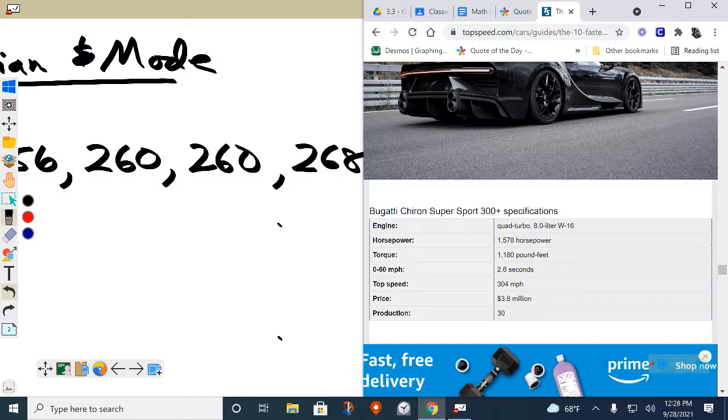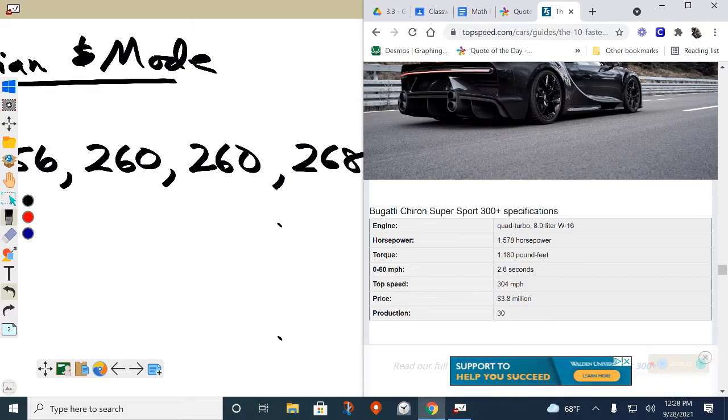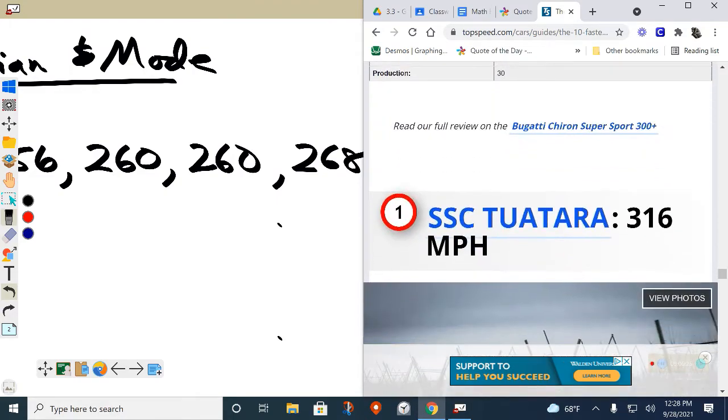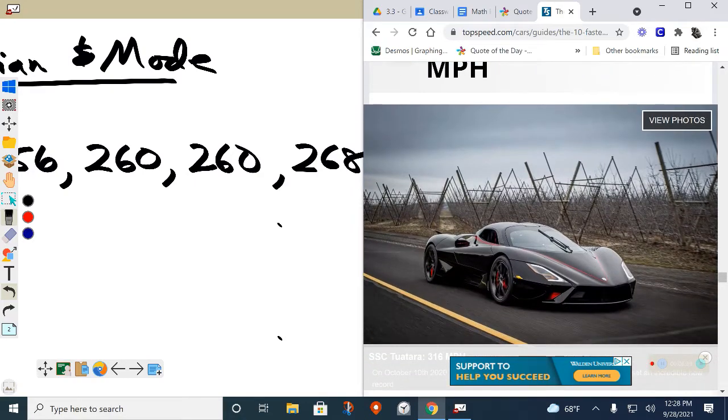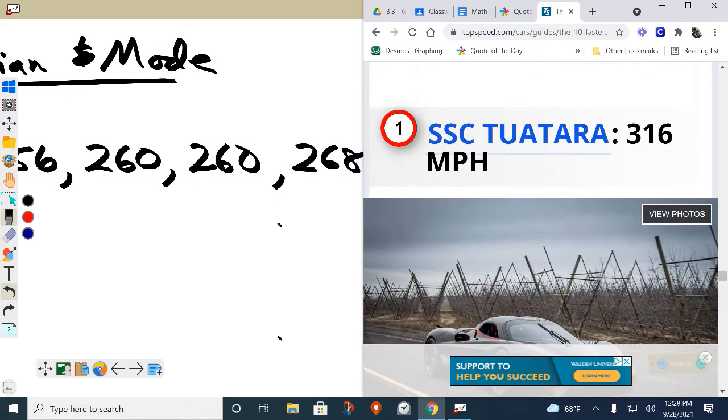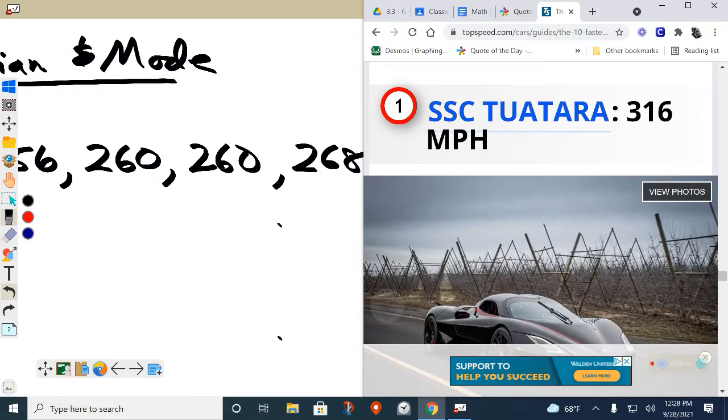I'll give a free stamp. Could be a Lamborghini too. Okay, so Ferrari or Lambo. Anybody else? Mustang. Okay. Let's see. Rolls Royce. SSC Tuatara. Look at that car. That's at 316. The SSC Tuatara.